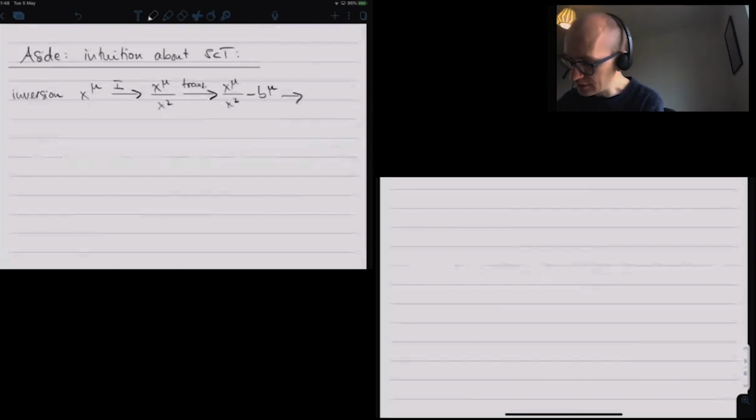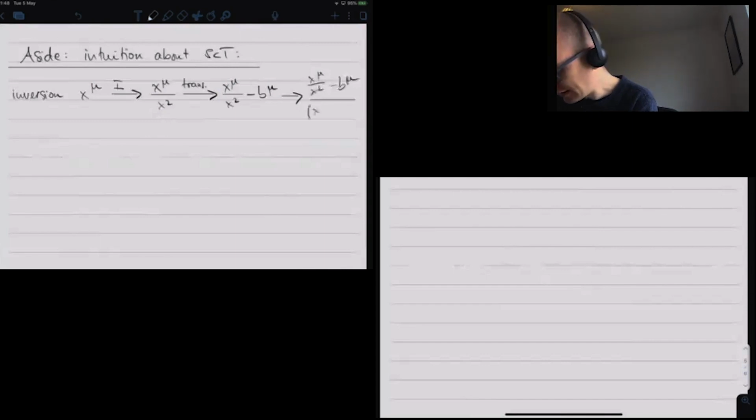So I do the same transformation that I did on x mu. I divide it by its length squared, to the translated version of the inverted vector. And I get x mu over x squared minus b mu over x mu divided by x squared minus b mu all squared.